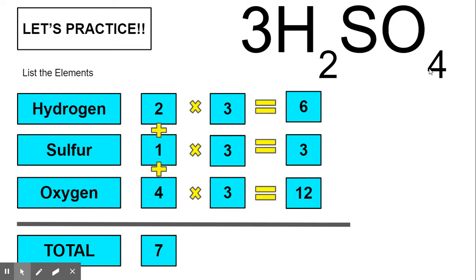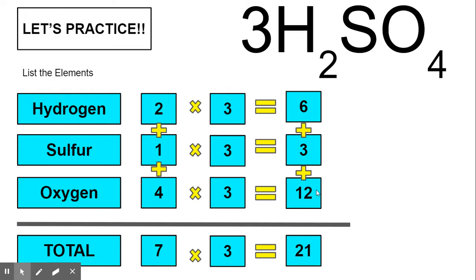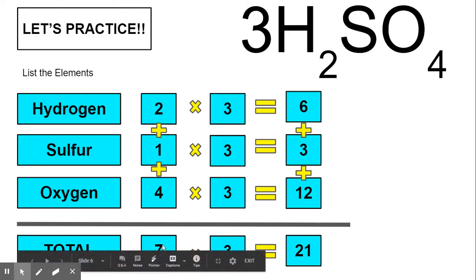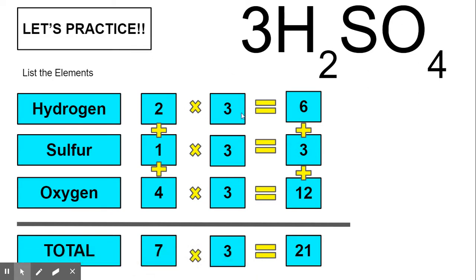Now, if we add those numbers up, we get 21. And also, if you come down here and just take the total and multiply it times 3, you're going to come up with the same answer as you did if we did it this way. The reason I show it to you this way is because you may have a question on a test, on the STAR test, that says how many atoms of hydrogen are present in this formula, and you can't ignore this.